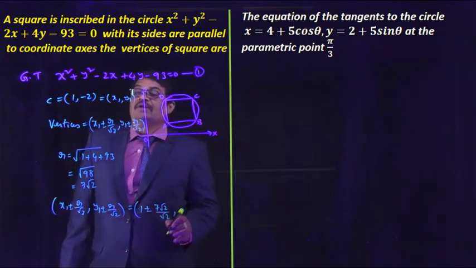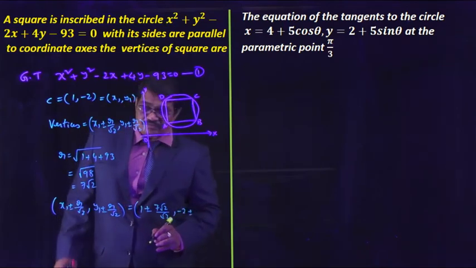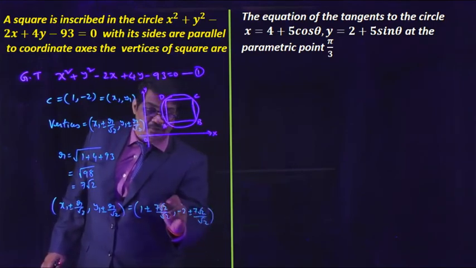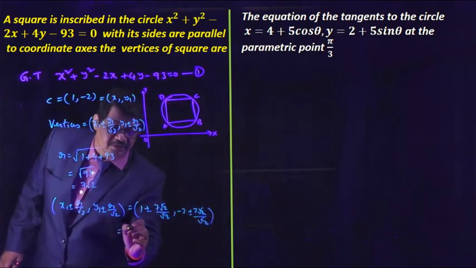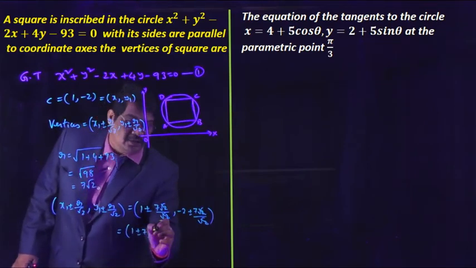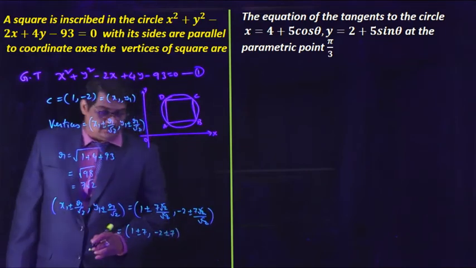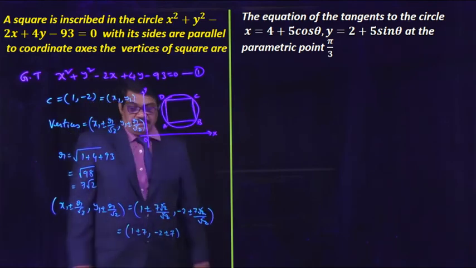What is y1? y1 is minus 2 plus or minus, here r is 7 root 2 by root 2. Root 2 will be cancelled. Then the vertices are 1 plus or minus 7 comma minus 2 plus or minus 7.